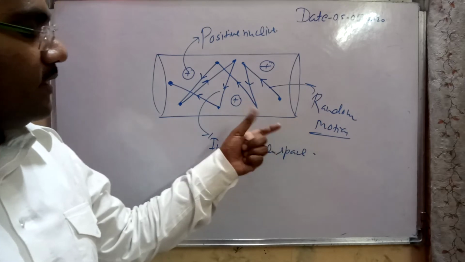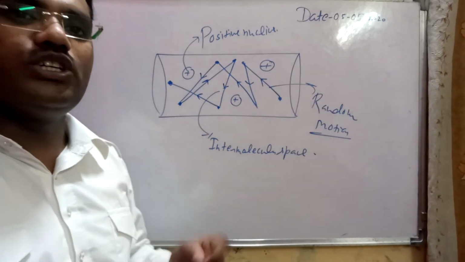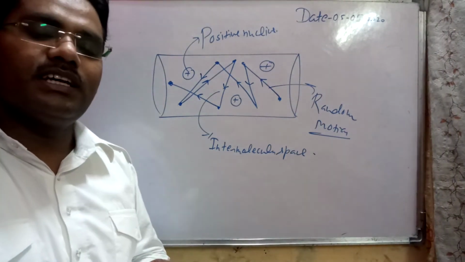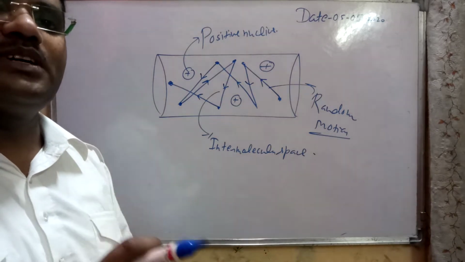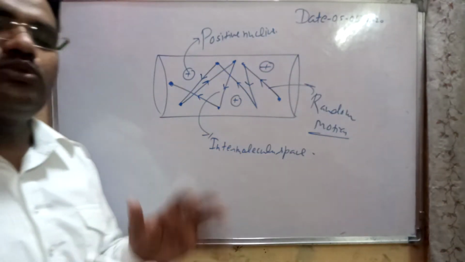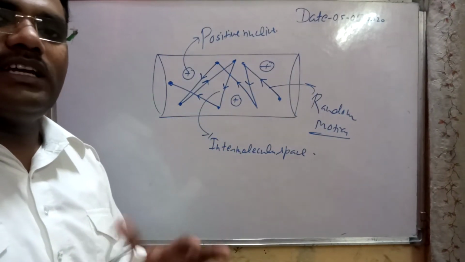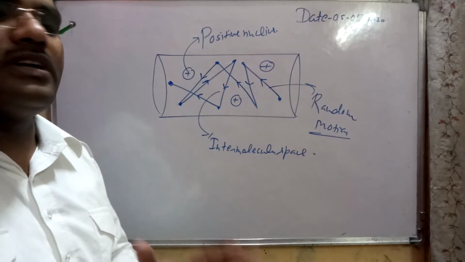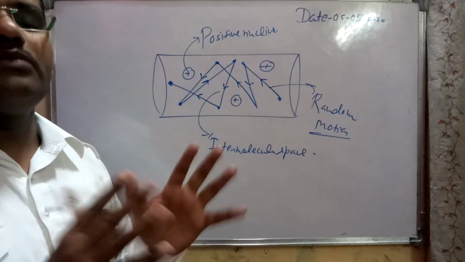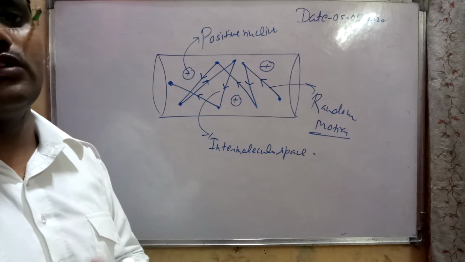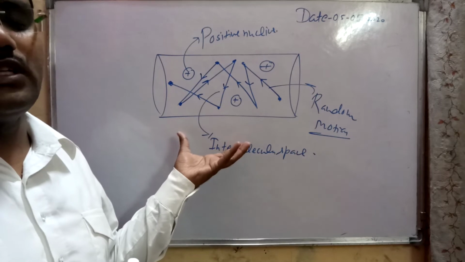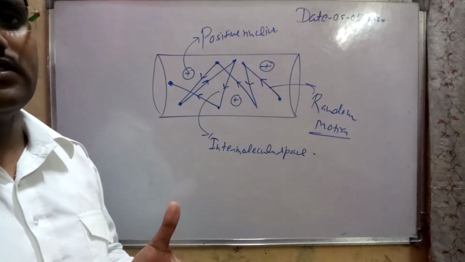Due to this random motion, the velocity gained by the thermal energy is called the thermal velocity of the electron. Electrons gain velocity and move randomly in all possible directions, that means some velocities are positive and some are negative. That means the average thermal velocity of all free electrons is 0.